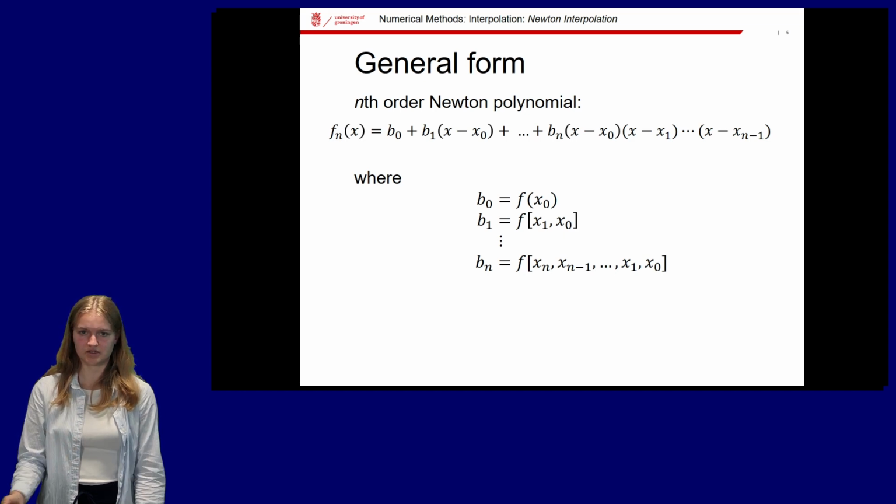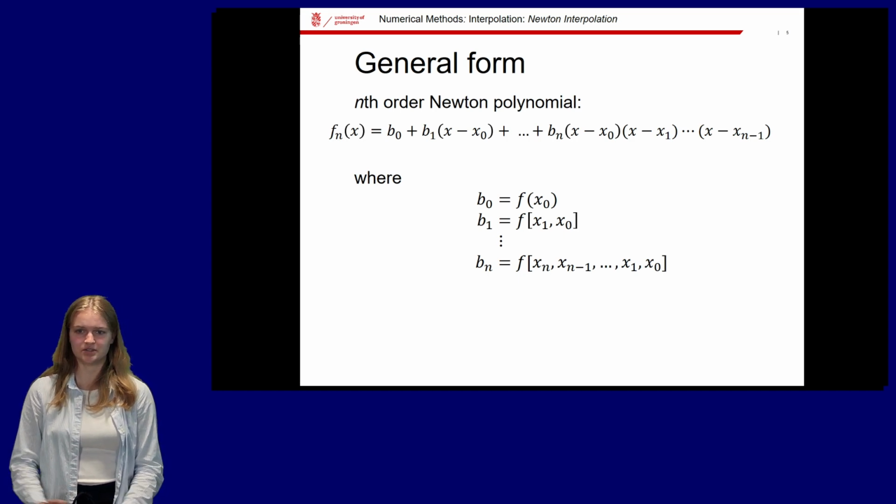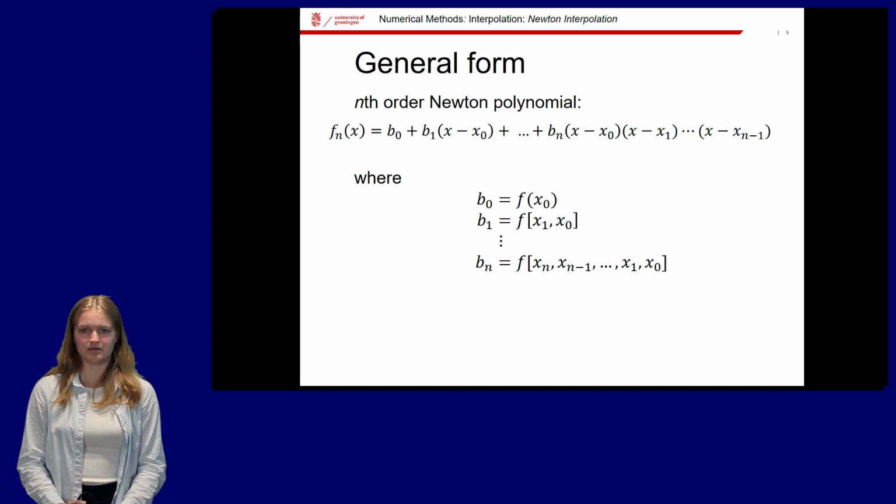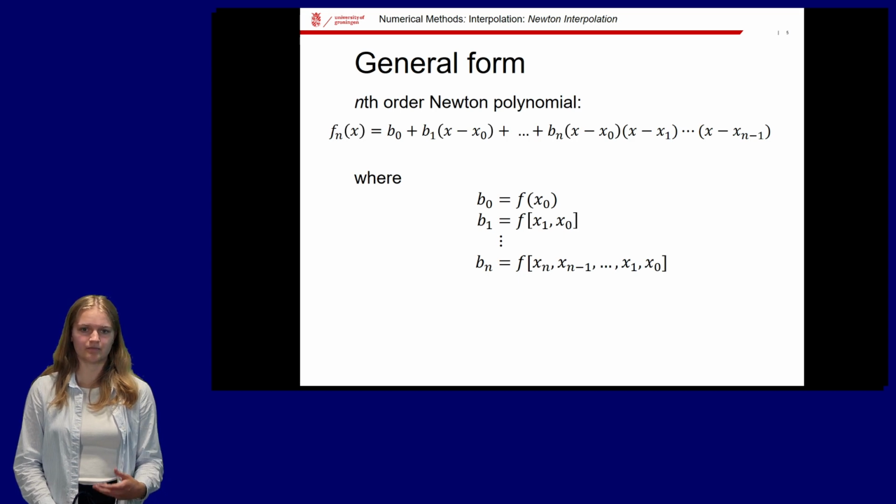So b0 is f of x0, and b1 is the finite divided difference between f of x1 and f of x0. And you can continue this process up until bn. So these coefficients b are finite divided differences, and they are calculated recursively.